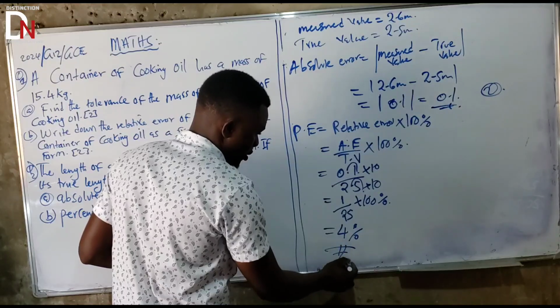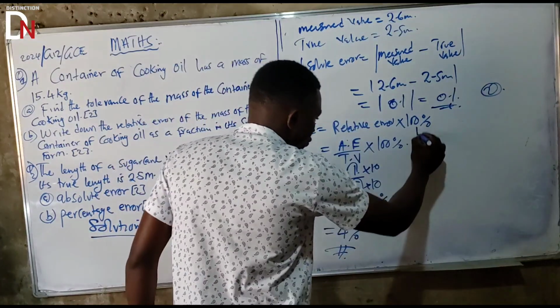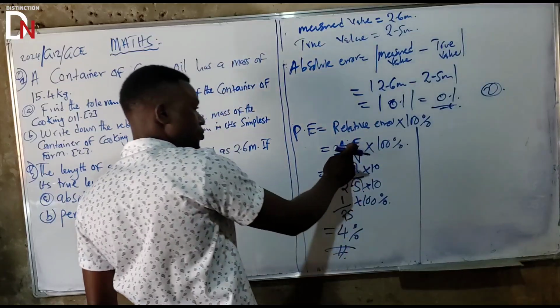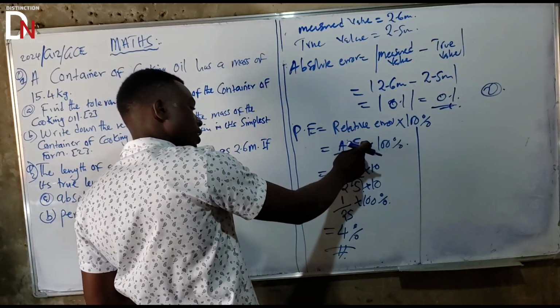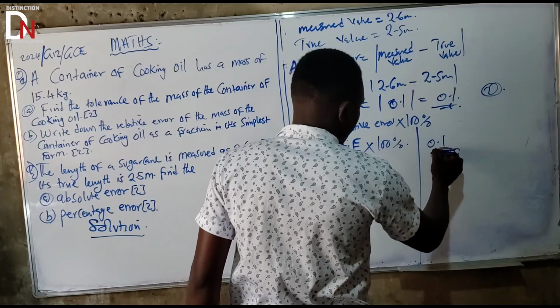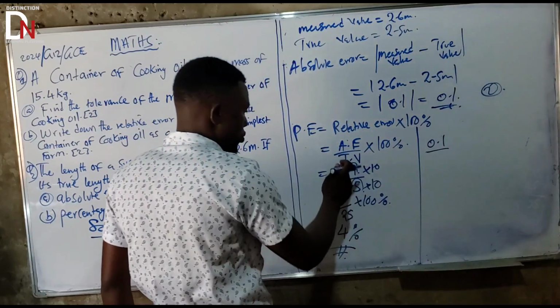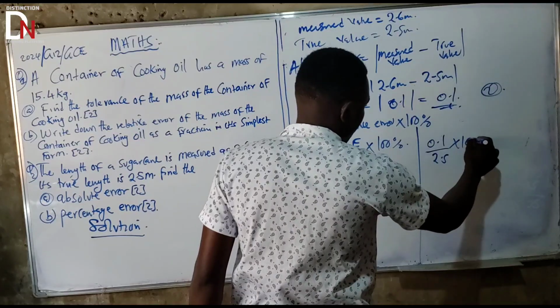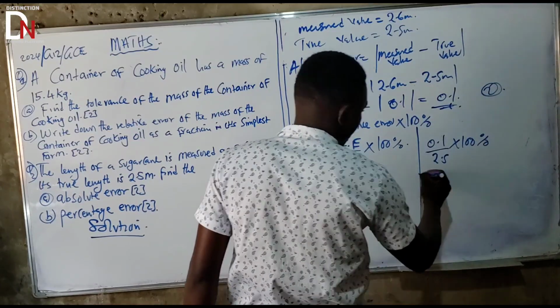Yes. As the way they would solve this one, they would say the absolute error is 0.1 divided by the true value 2.5 multiplied by 100%. And that's how they would do it.